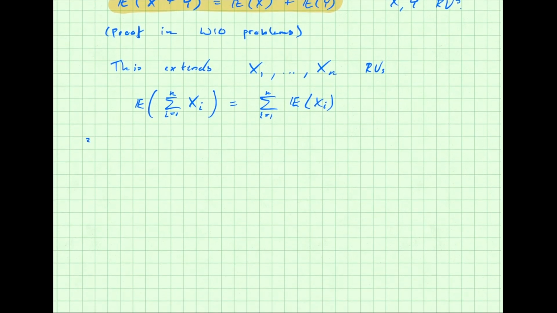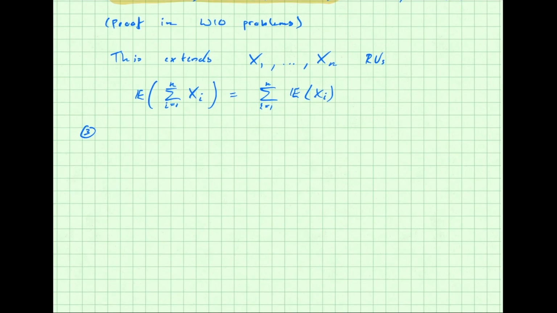And then the third property that I want to talk about, we won't be able to prove this one today, but I'll tell it to you. We'll prove this much later in the next chapter. So let's say we have 2 random variables again. If x and y are, now this is important, independent random variables.